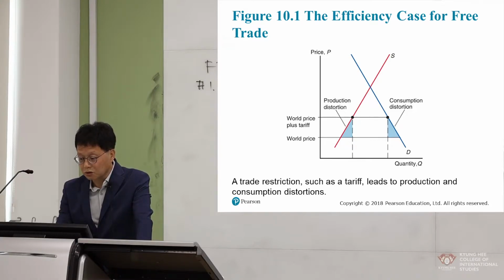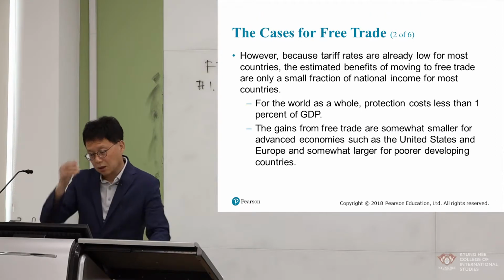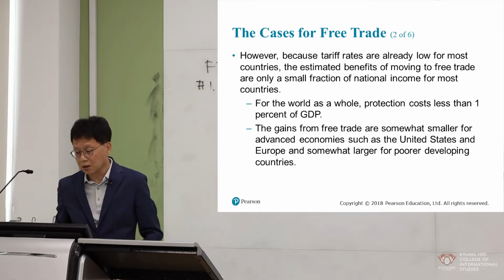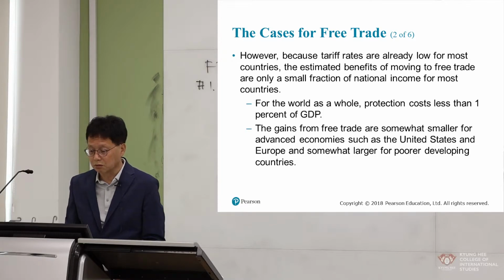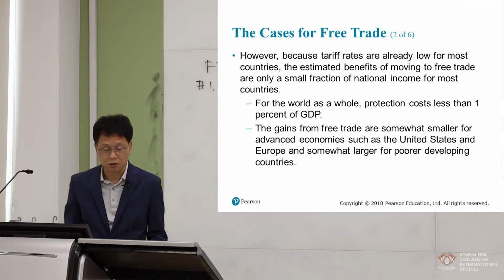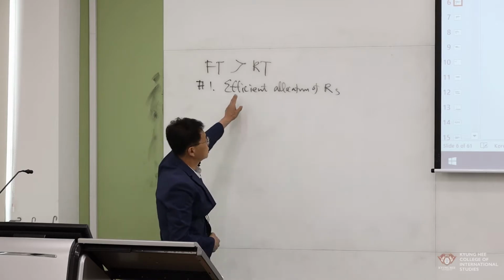And consumers consume too little compared to the free trade outcome. That happened. And slide number 6. However, because tariff rates are already very low for most countries, the estimated benefit of moving to free trade is only a small fraction of national income for most countries.